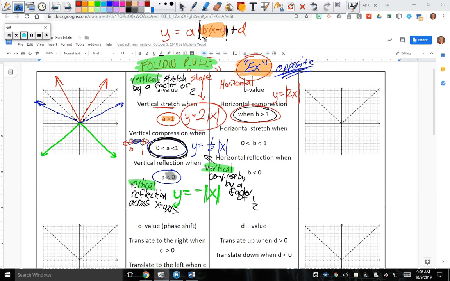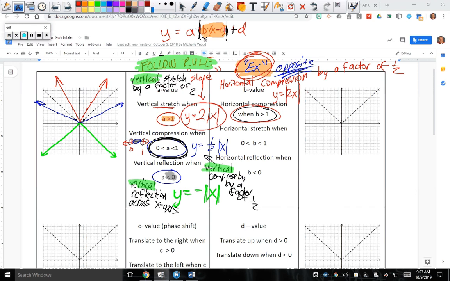That 2 looks like it's stretching, but we're with the x, so we're going to do the opposite. So it's a compression, not by 2, but by 1/2. Reciprocate that. So whatever that fraction is, do the reciprocal. Flip it. So compression by a factor of 1/2. Does that make sense?